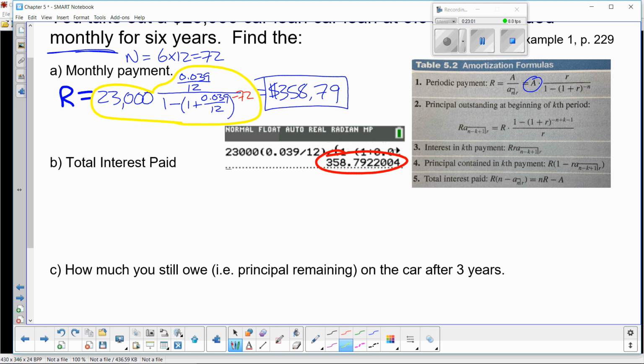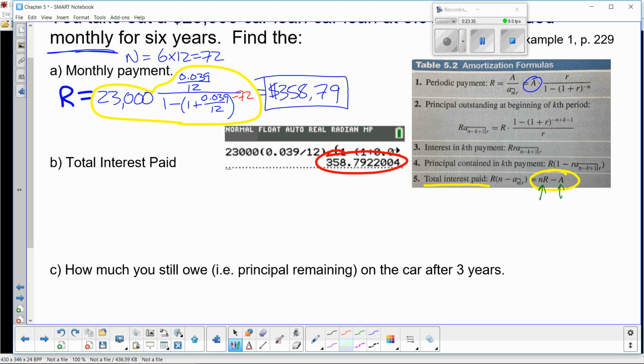Part B, total interest paid. Now, total interest paid, you see, is right here. Right? It's actually not a hard calculation. Because what that's going to be is you use this right here. This is your total payments. This is how much you owed.